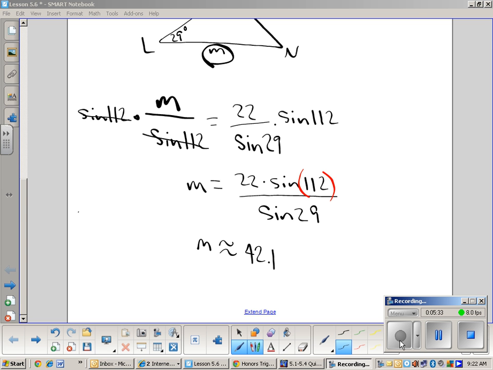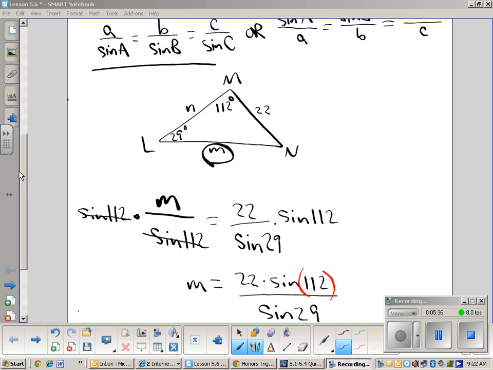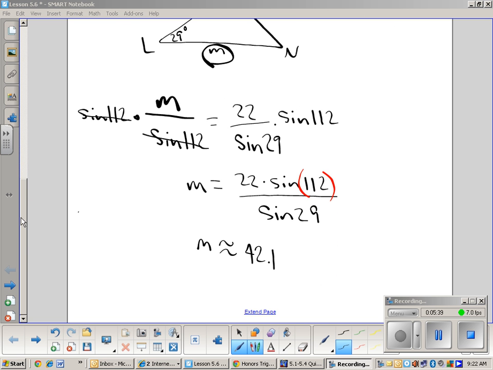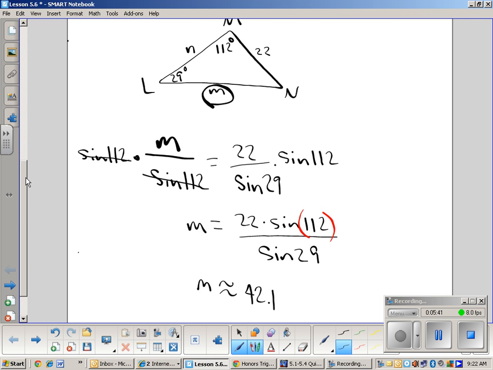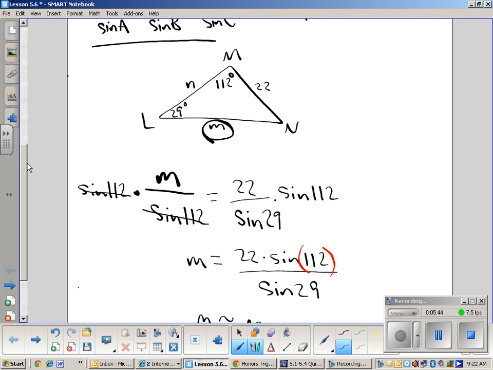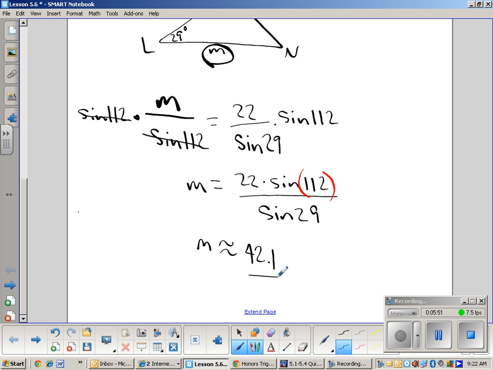Since our 22 is a whole number, we would round this to 42, because the greatest possible error here would be 0.5, and it wouldn't make sense to round this off to a number that would have a greatest possible error of 0.05. But we're not really following that rule. They haven't told us to follow that rule. We're just rounding to wherever it's comfortable. If they tell you where to round, then it's easy. You do what they say.